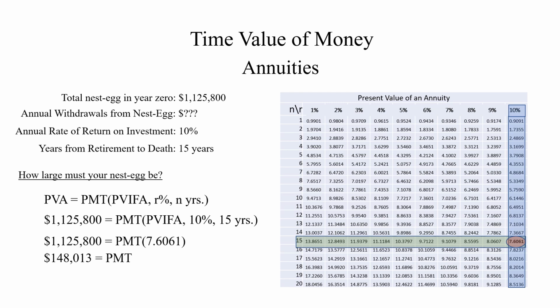So if you have a $1,125,800 nest egg on which you could earn 10%, and you only needed it to pay you for 15 years, you could withdraw $148,013 per year before it was drawn down to zero at the end of year 15.